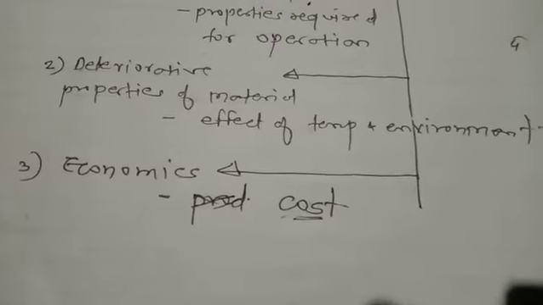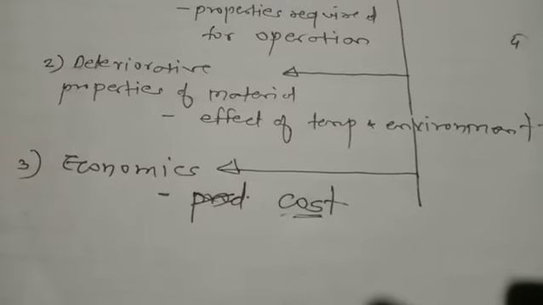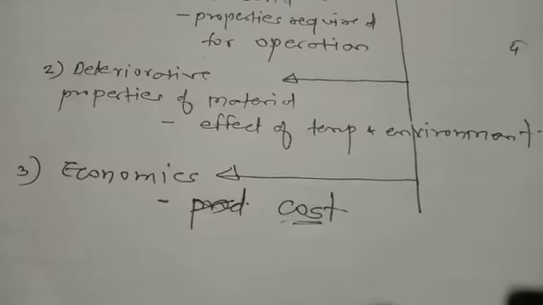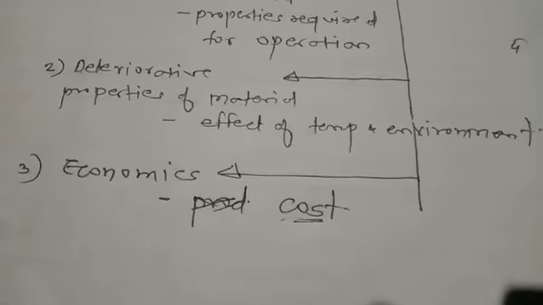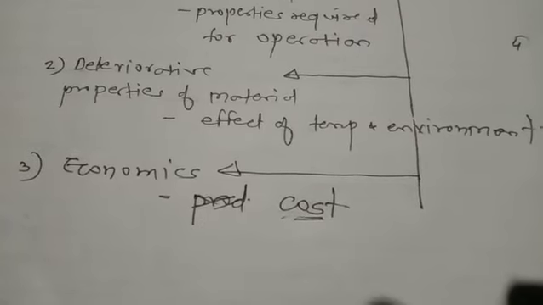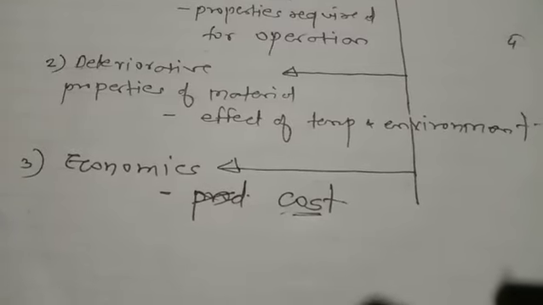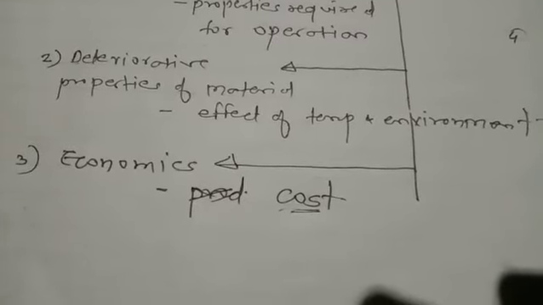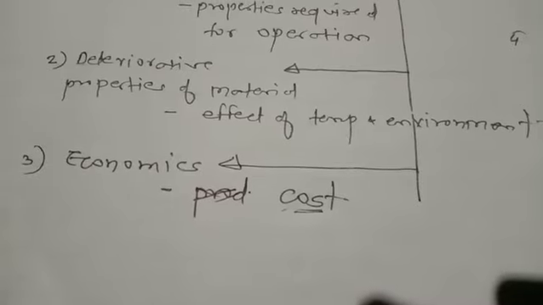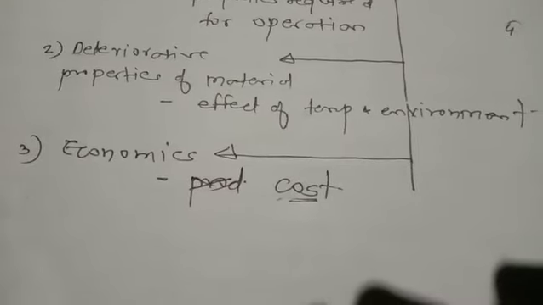If the customer is not able to give you more money, then you have to find a material in such a way that you will get at least a better amount of the particular properties, right? So definitely economics also affects the selection of the material, right?